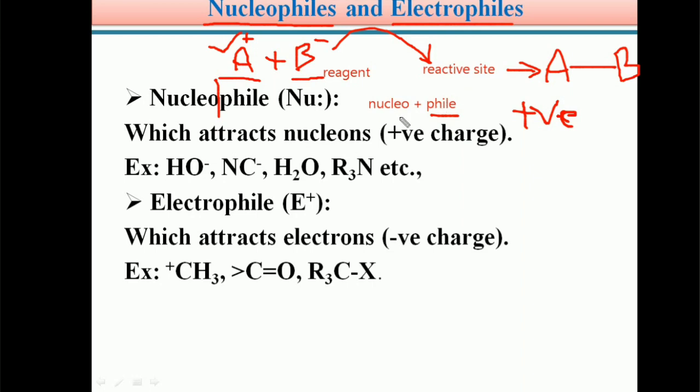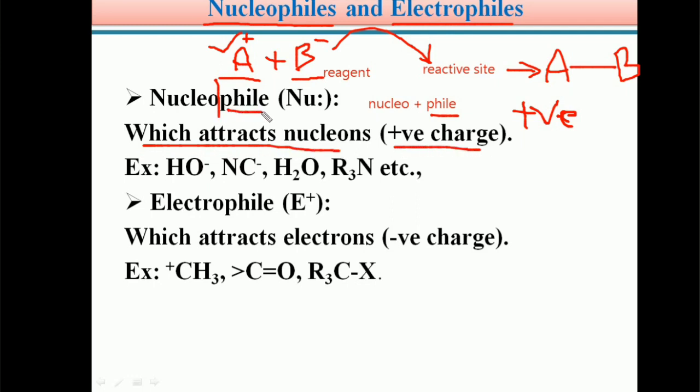Nucleophile means positive charge attraction, a positively charged species is attracted. Therefore, nucleophile means which attracts nucleons or which attracts positive charge.